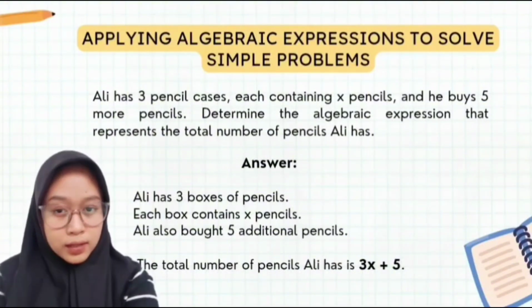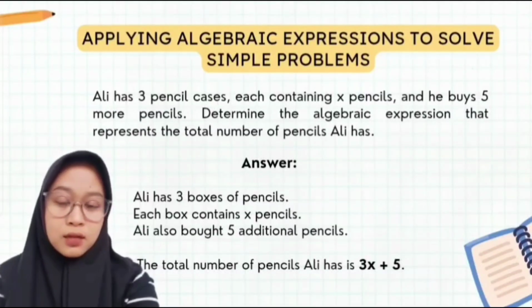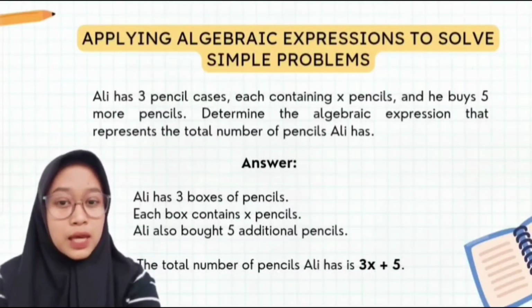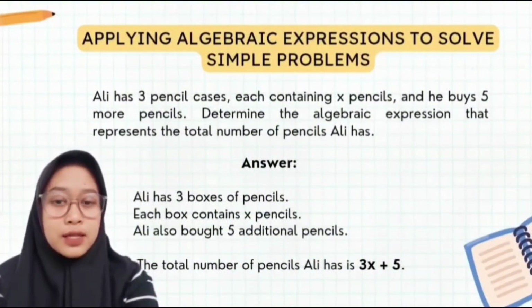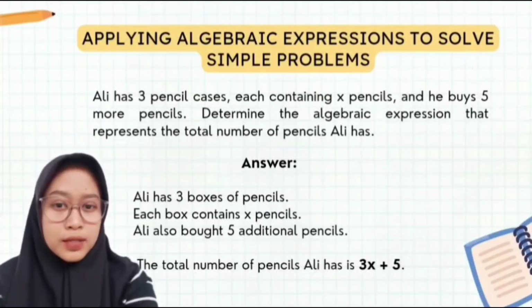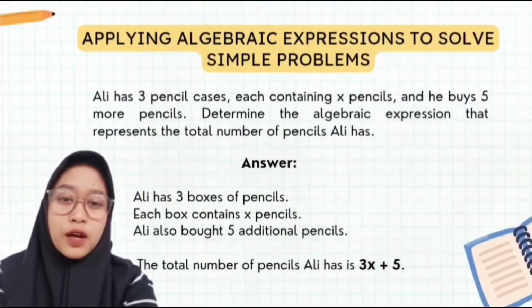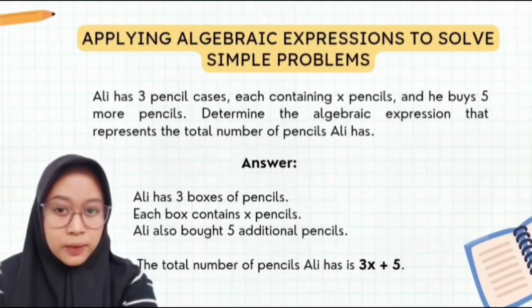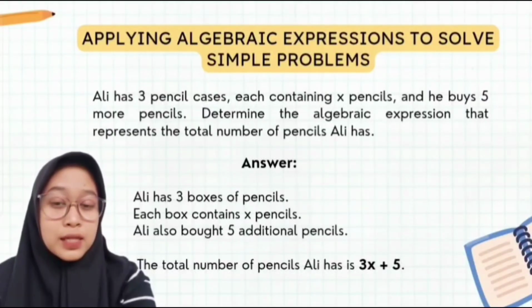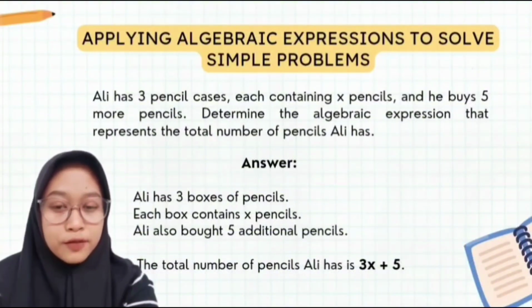So the answer: the number of pencils from 3 pencil cases is 3 times x, which is 3x. Since each case has x pencils, 3 cases give 3x pencils. And then the pencils he bought, plus 5, because he bought 5 extra pencils. So the number of pencils Ali has is 3x plus 5.